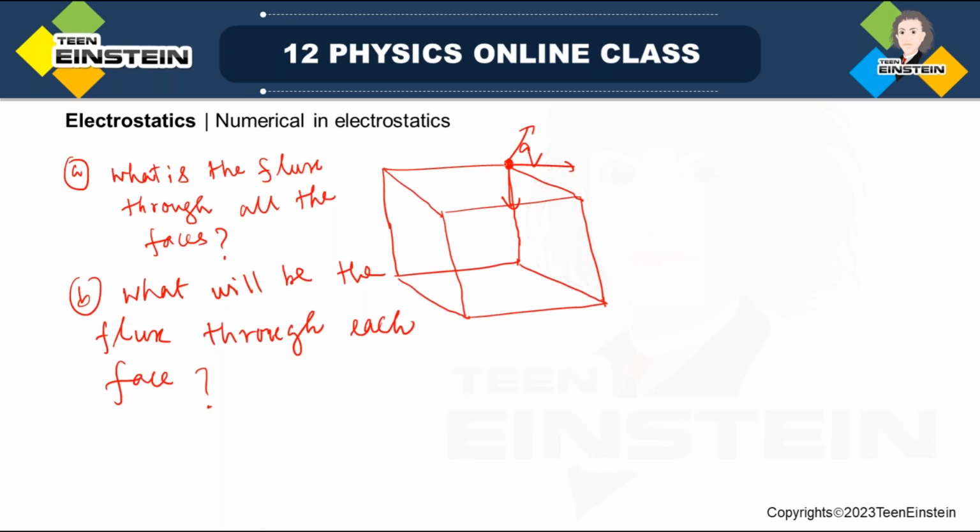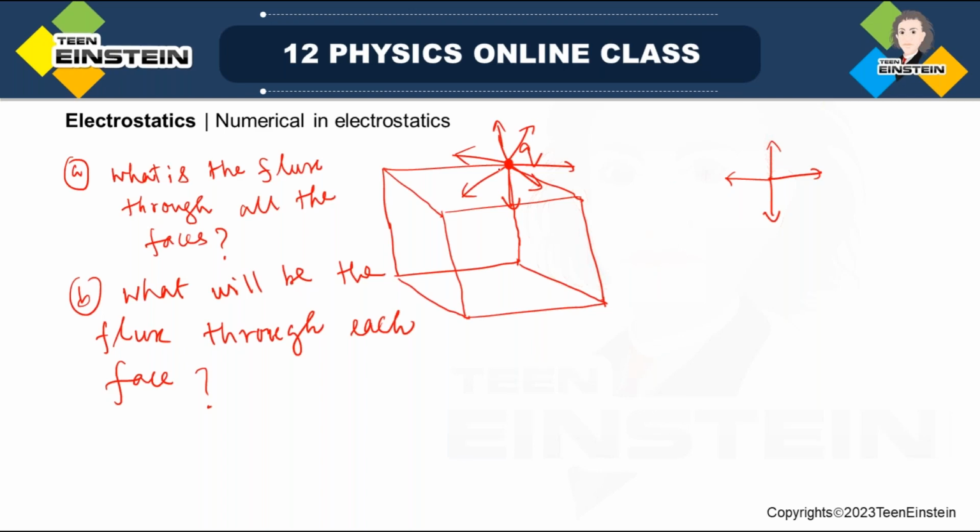Since it is a point charge, the electric field lines will be like this, isn't it? They will be going out, since I have supposed a positive charge. So it will be symmetrical. A point charge has spherical symmetry, in all directions it will go. So then what will happen?